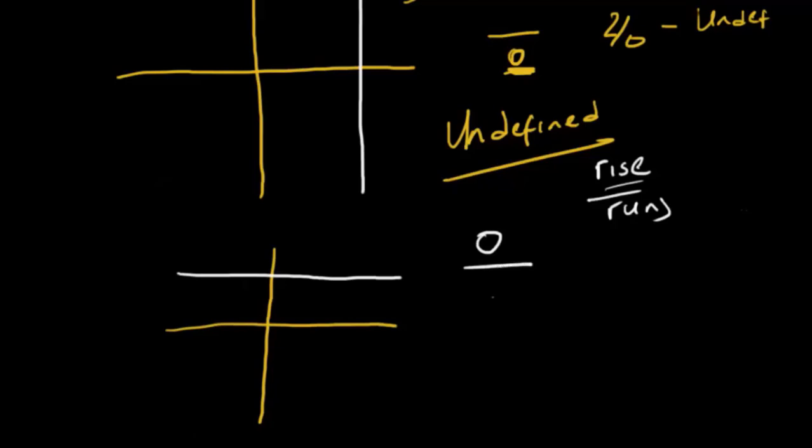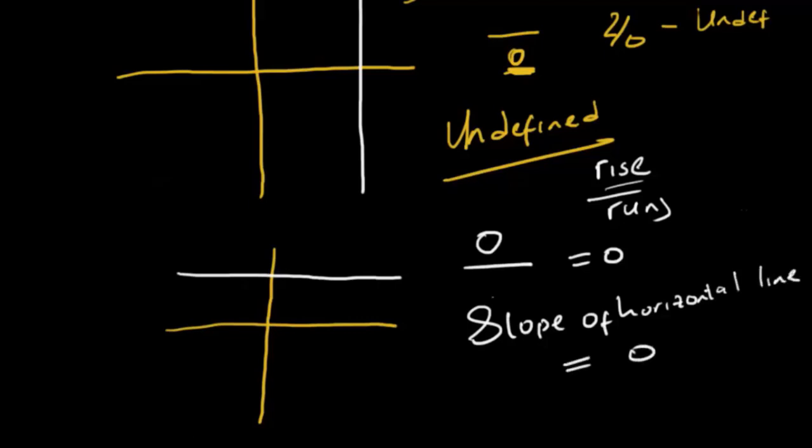Now 0 over anything equals 0, which means that the slope of a horizontal line equals 0. Now don't forget that the slope of a vertical line is undefined and the slope of a horizontal line equals 0.